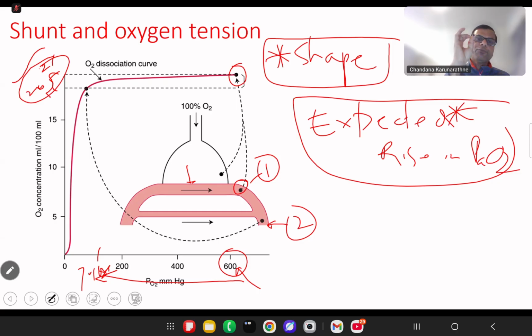Content is important, shape of the curve is important, and you cannot get the expected rise of PO2. So in a nutshell, this is how you explain shunt. Now, the person who passes the exam masters all these things, what to say, so that you do not have to struggle a lot using so many words. These are the key things.